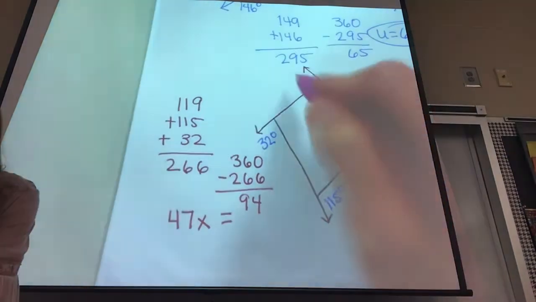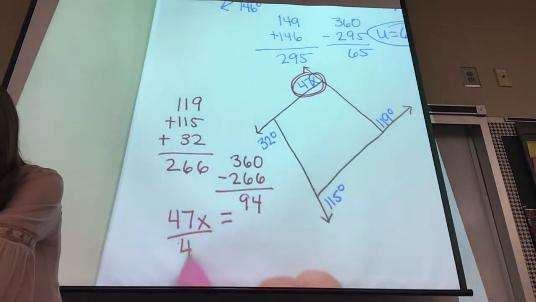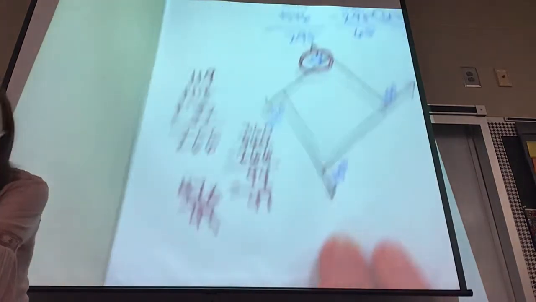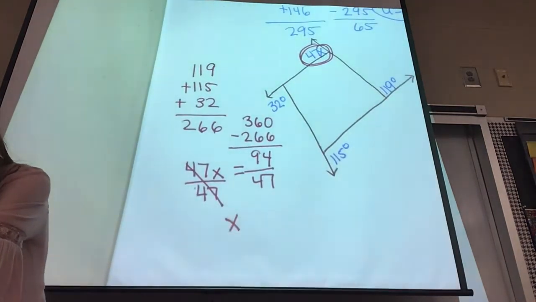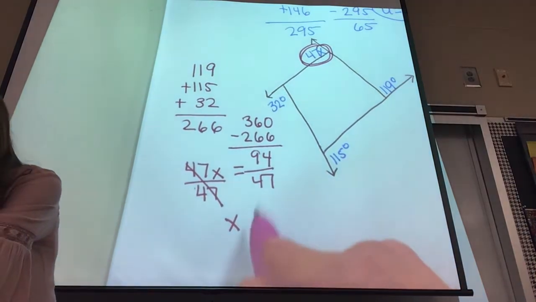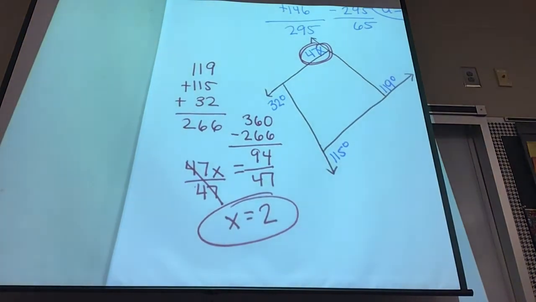So this whole angle right here has to equal 94. So now you should be dividing by 47. When you divide by 47, you should get 2. So now that tells us what x is.